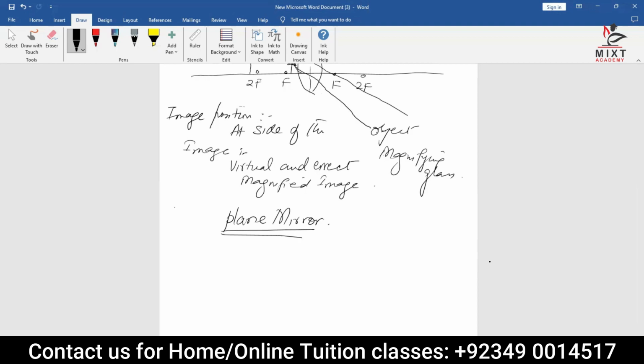Yes, guys. Image formed by the plane mirror will be erect and virtual, definitely. So now put a heading, image formed by the plane mirror. Characteristics.